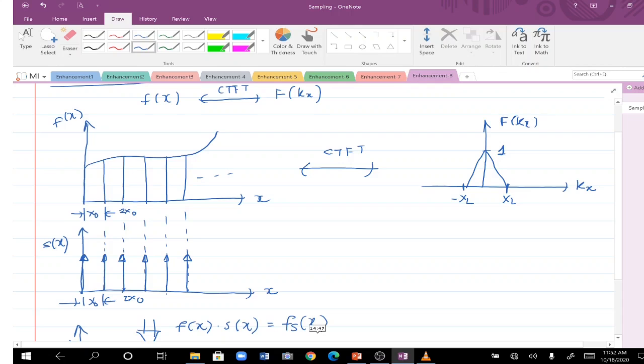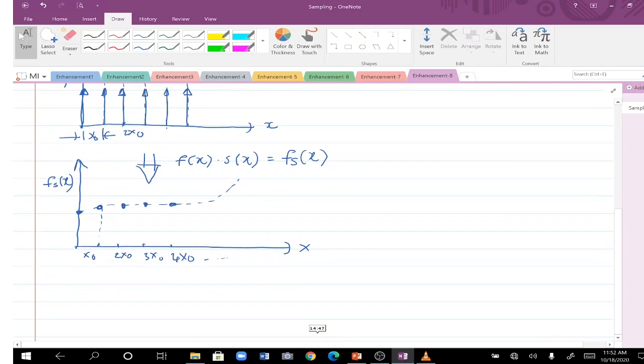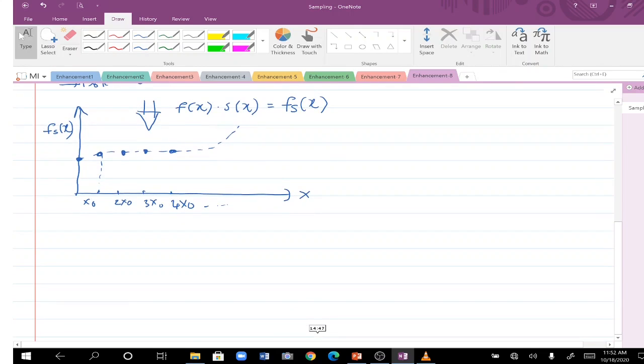Now let us come to this impulse train and see how it would look. For that, let's first write the expression for s of x, also for the sake of completeness.